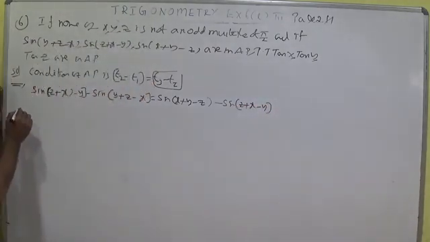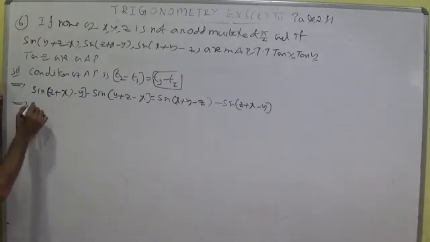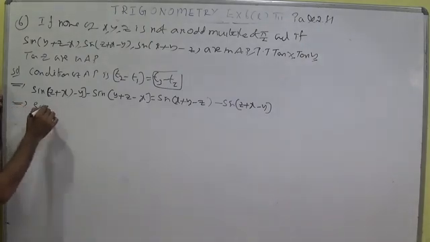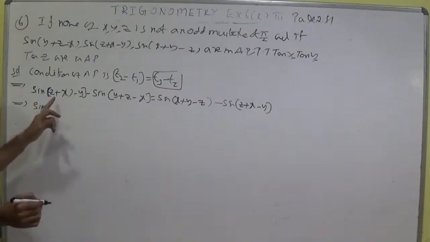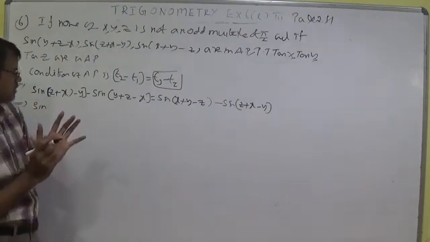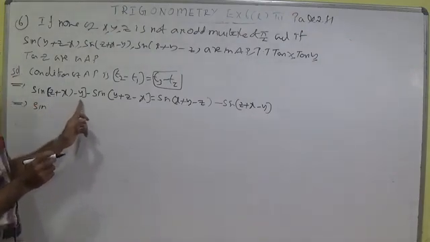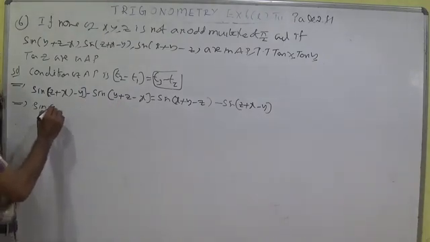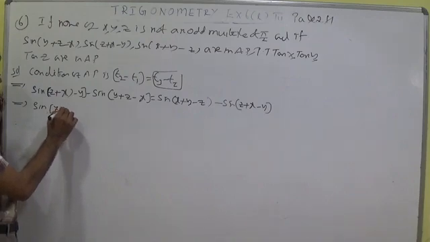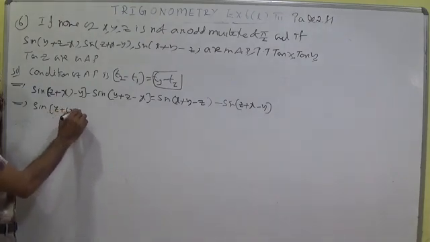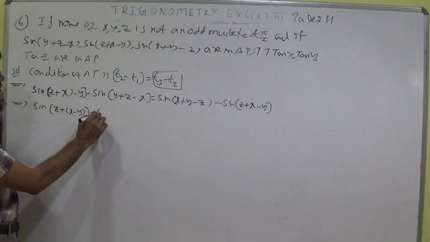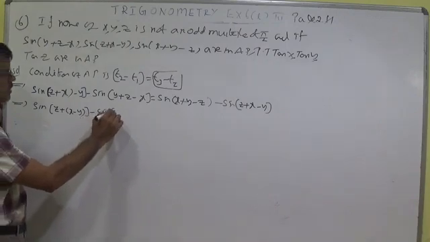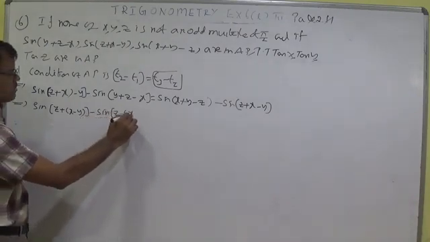Now, common letters we should write and then write the formula. What is common here? z plus x, z minus x, but y is there. So let us write like this: sine of z plus x minus y, minus sine of z minus of x minus y.